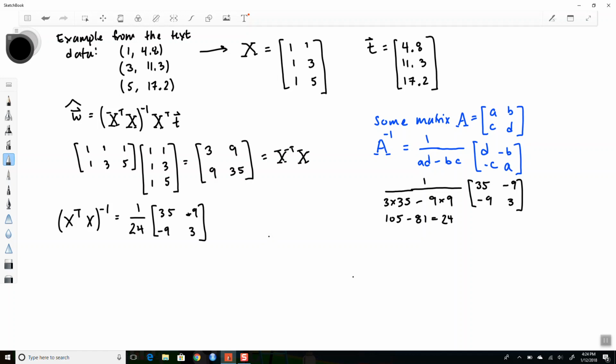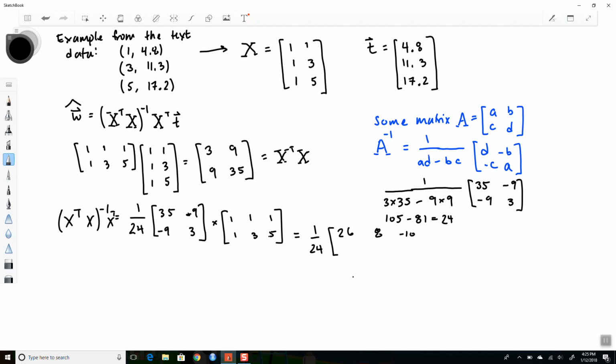So that's x transpose x inverse, and if I multiply this by x transpose and then t, we're going to multiply this by x transpose: 1, 1, 1, 1, 3, 5. I'll throw that in over there, and we will get 1 over 24, and doing this, 35 minus 9 gives me 26, and then 35 minus 27 gives me 8, and then 35 minus 45 gives me minus 10.